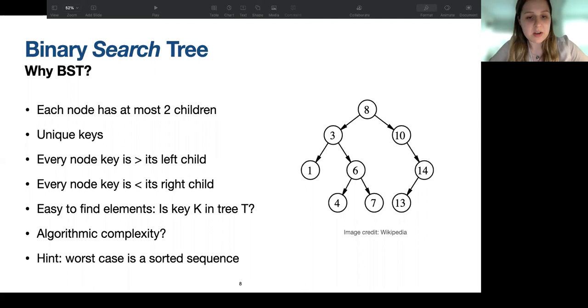And there are 2 important assumptions in binary search trees, or BSTs, and that is that every node key is greater than the key of its left child, and it is less than the key of its right child.